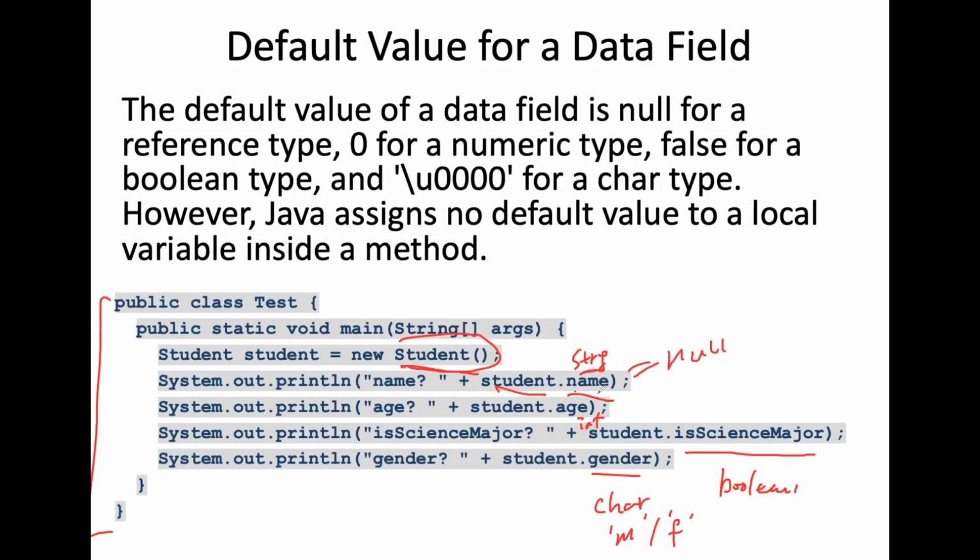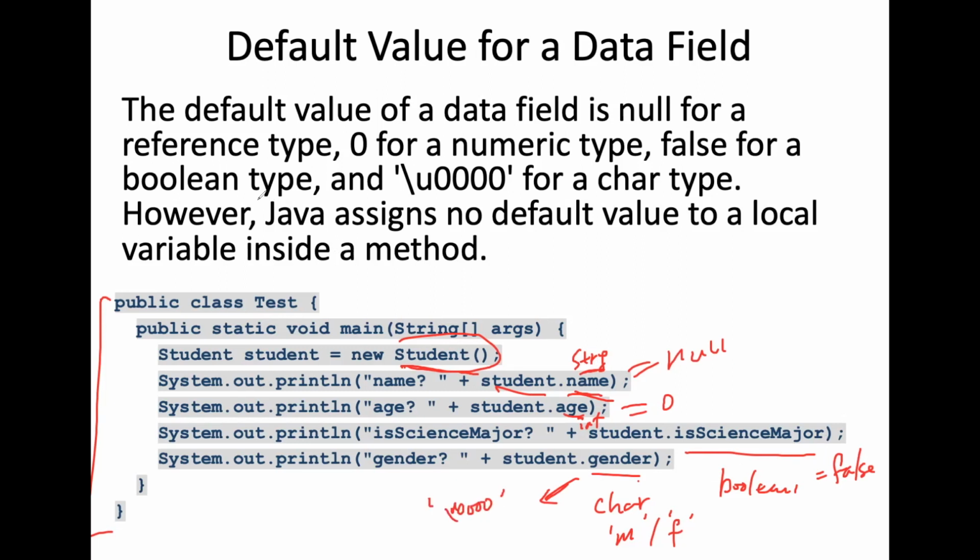The reason is name is a string object reference. Age is an integer, so it should have a default value of 0. Science major, Boolean, should have a default value of false. Gender, char, should have a default value of Unicode 0.